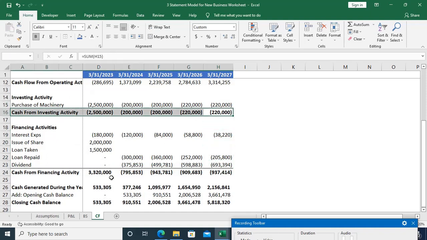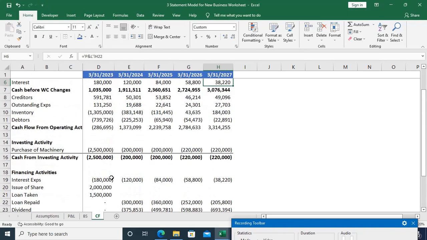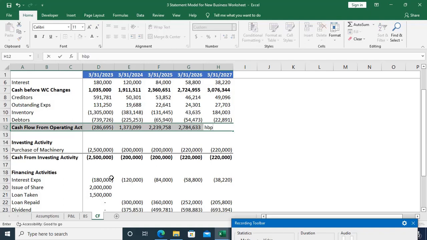This is investing ones. Alt HBP for this one, cash from your cash flows. Alt HBP.